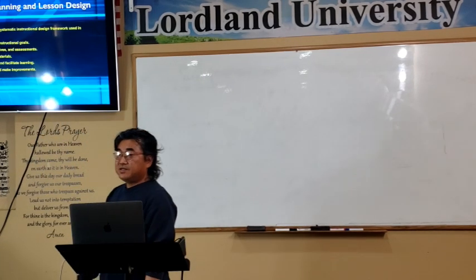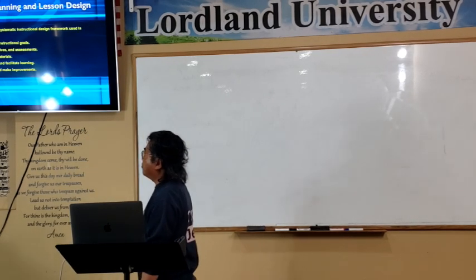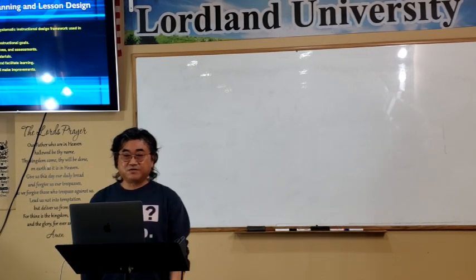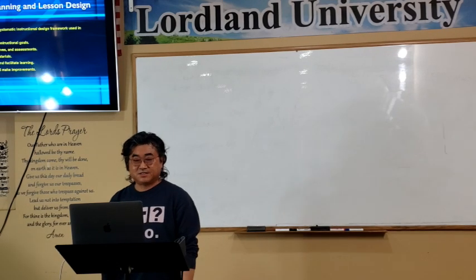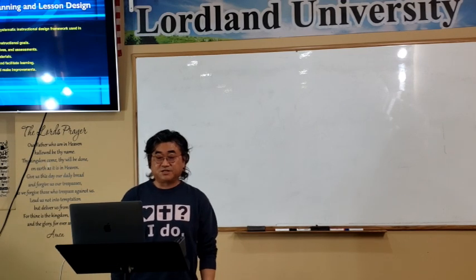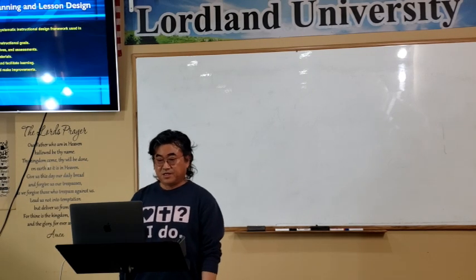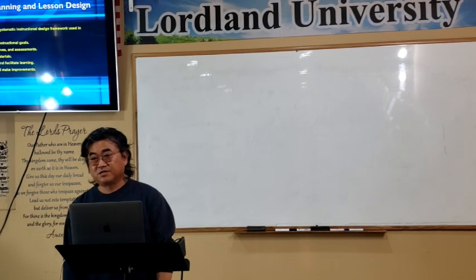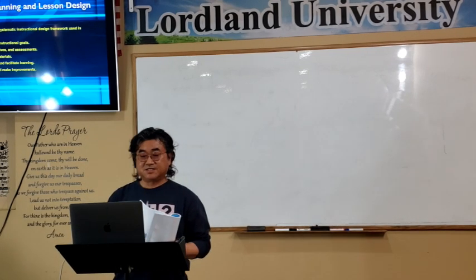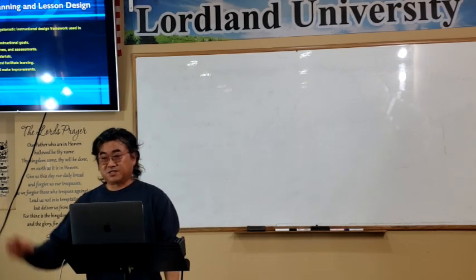ADDIE is the first letter of all 5 steps. First A is analysis. D is design. Another D is development. I is implementation. And E is evaluation. That is another form of lesson design. We call it the ADDIE model. Okay, simple, right?